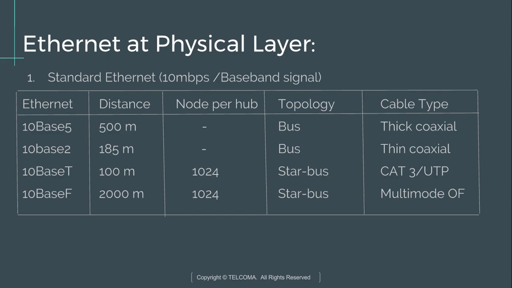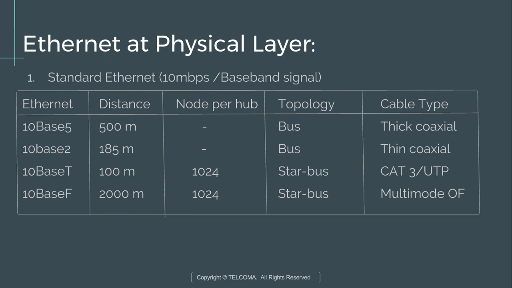The topology used by 10 base 5 is bus, and the cable type used is thick coaxial cable. The next cable is 10 base 2, and it transmits signals over a distance of 185 meters and can connect any number of nodes per hub. The topology used by 10 base 2 is bus, and the cable type is thin coaxial cable.